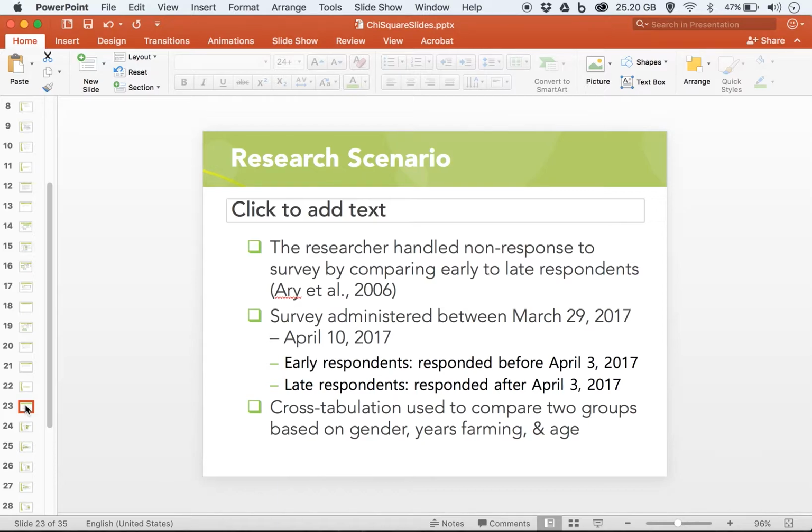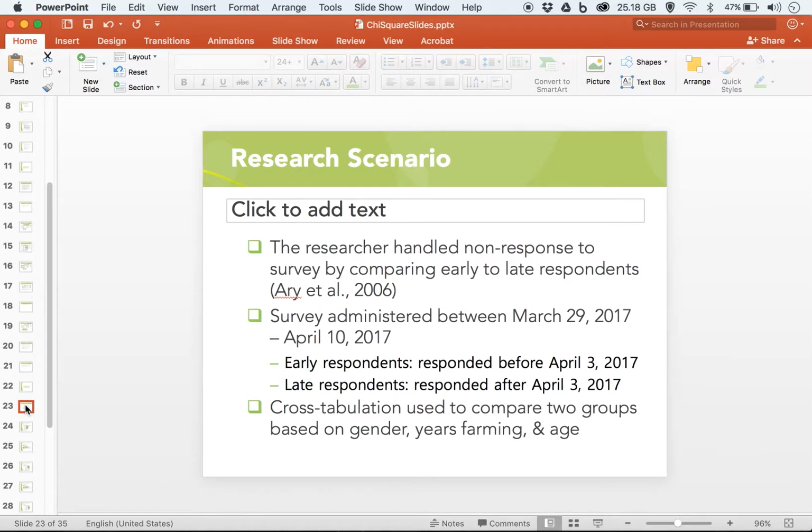And it's important to know that when we first did our crosstab table, we didn't have 5 counts for every single category. And so you're allowed to recode variables. So we did the length of farming as either 0 to 17 years or more than 17 years.